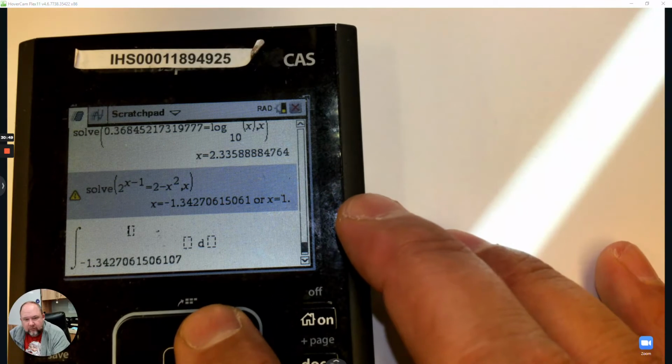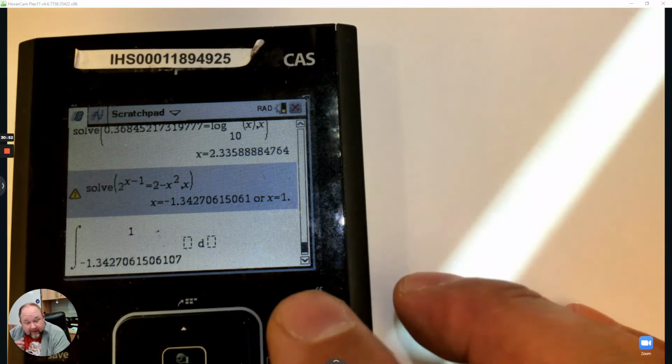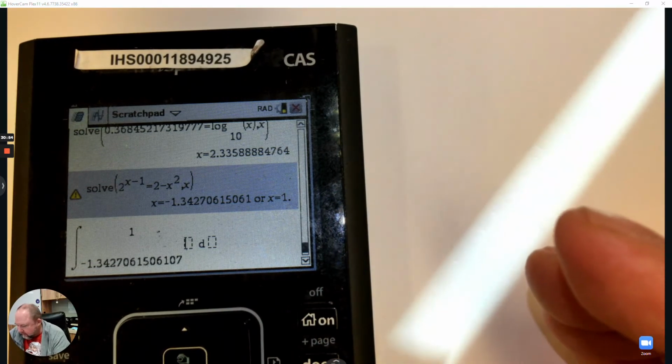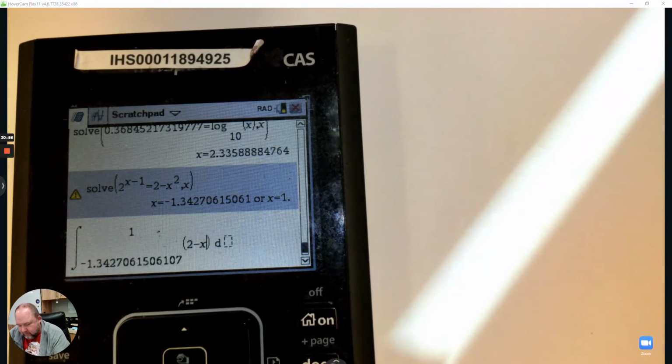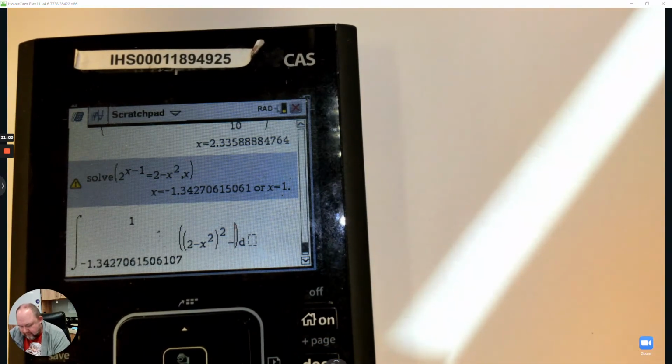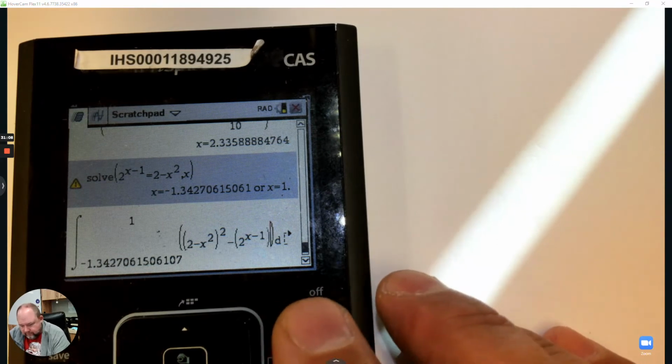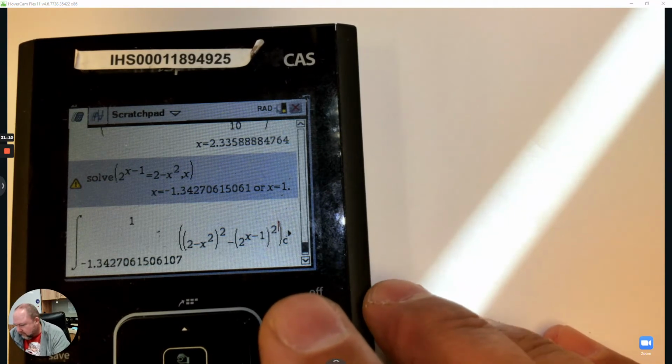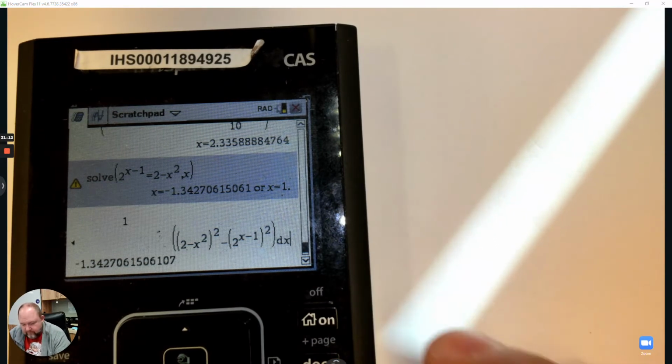The top bound is 1. And then inside, parentheses, 2 subtract x squared, squared, subtract, parentheses, 2 to the exponent x minus 1, squared, and then dx. See if I typed it in right.